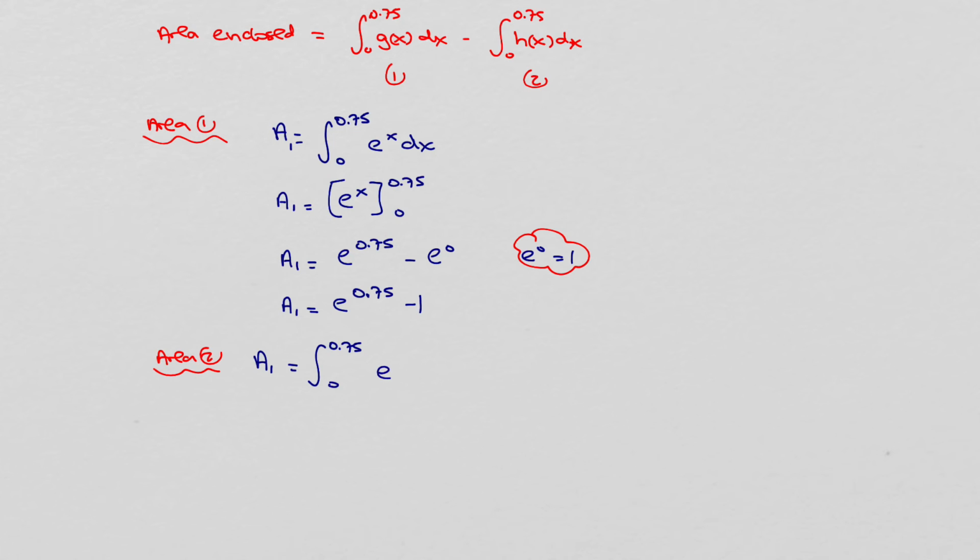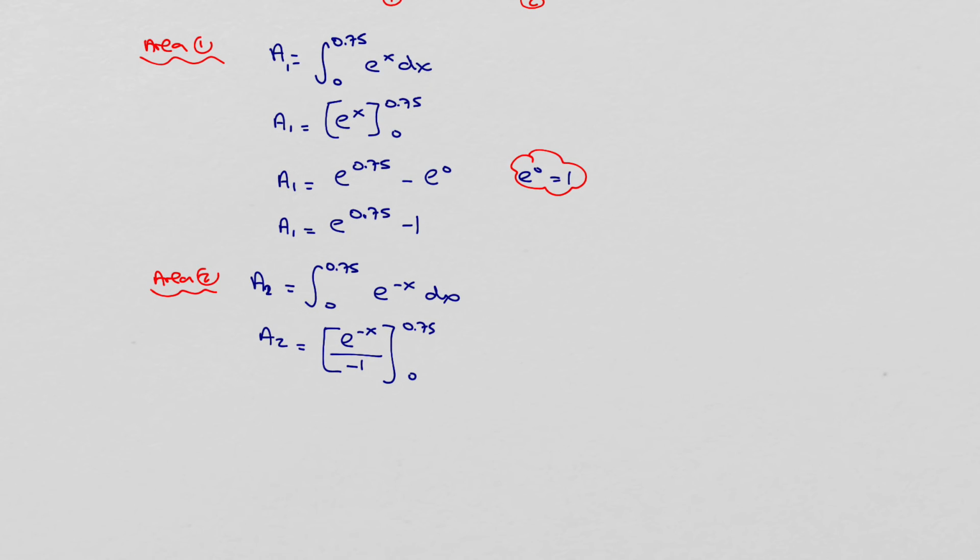So area 2 is going to be our function h of x, which is e to the minus x dx. So if I integrate e to the minus x, well, I get e to the minus x, but I must divide by the derivative of the function minus x, which is minus 1. And then again, subbing in my limits of 0.75 and 0. Now, e to the minus x can be written as 1 over e to the x.